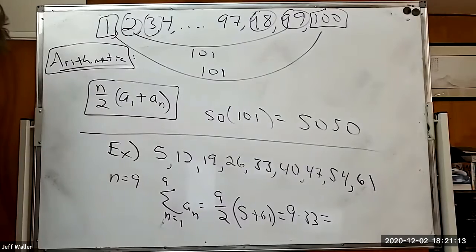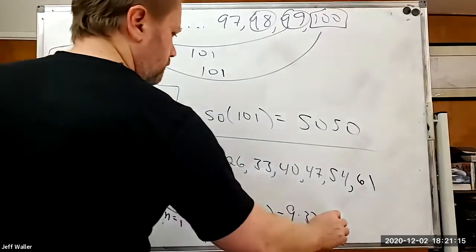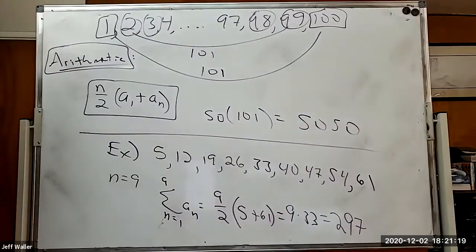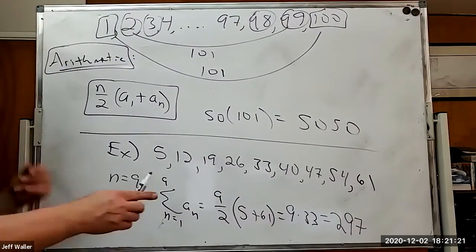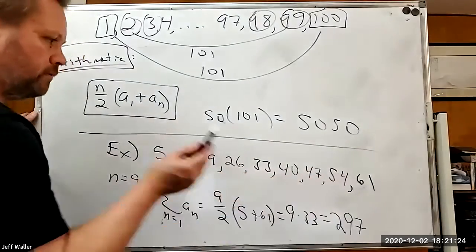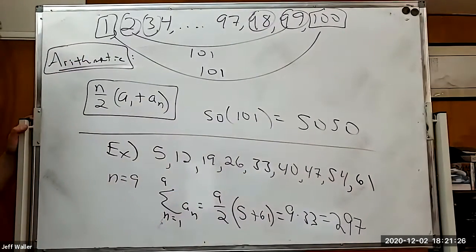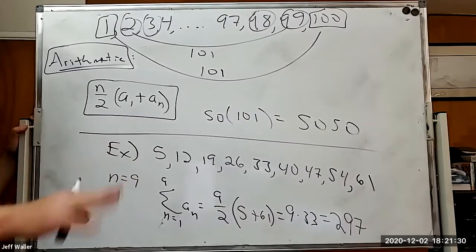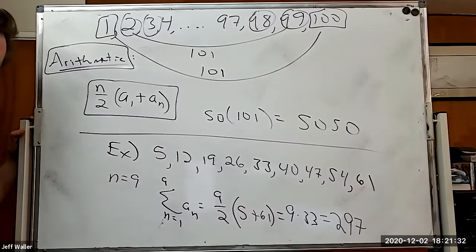And that's 297, I think. Possibly. And then if you actually add this up, it will come out to be 297. That's a semi-decent, nifty little thing, right? Kind of almost.